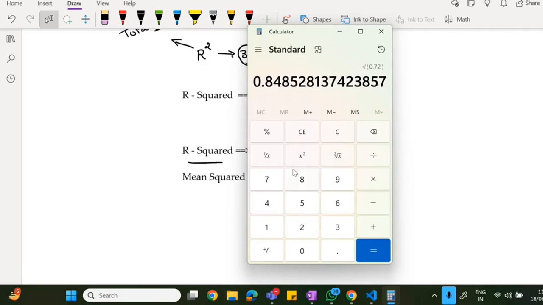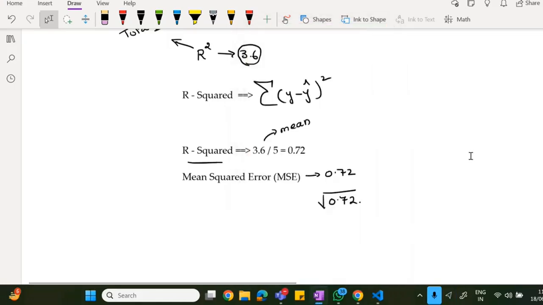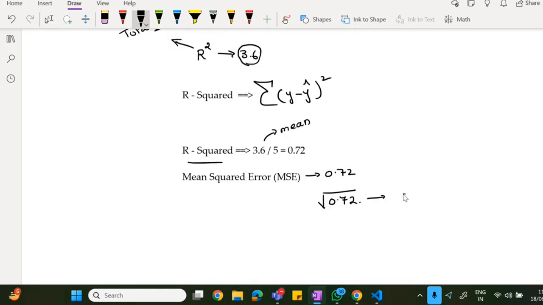Is it correct? Yes, this is the square root. Now this value is coming down to about 0.8 after applying the square root.